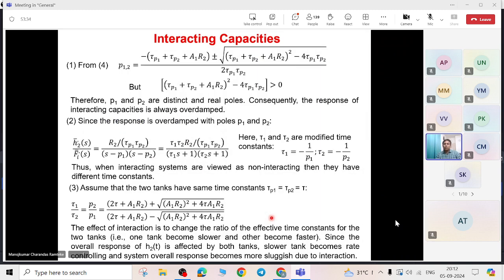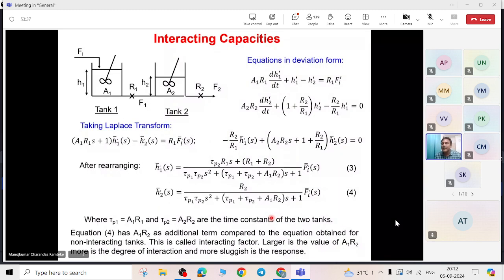Now let's look at it. Why am I saying that the damping factor is going to increase here? We are ultimately interested in finding out the roots of the denominator. This is the denominator. Remember, the fastest non-oscillatory response we are going to get is when my system is critically damped.